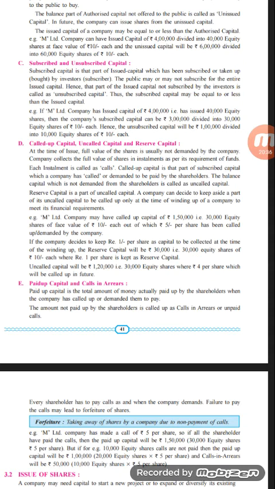The public may or may not subscribe for the entire capital. If the company has made an issue of 40,000 equity shares, there could be a situation where all 40,000 shares are demanded by the investors, that means all 40,000 shares could be sold out in the market.